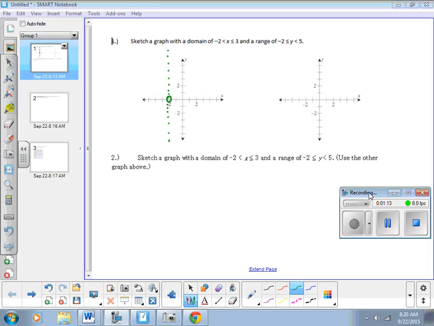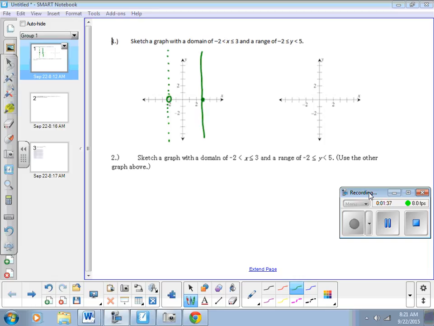And then go to 3. And you notice on 3, is it an open or closed? Closed. And that'll be a solid line. Okay. Sketch a graph with the domain of that. So right now, if you were just to sketch the graph with just the domain, the line would have to start somewhere over here and end somewhere over here, okay?